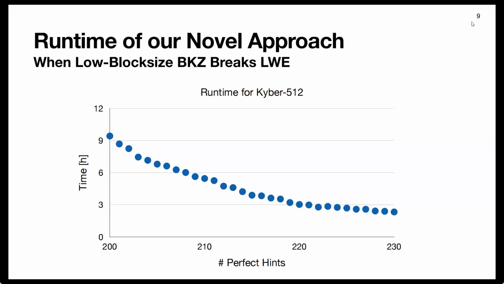For instance, here are some more results for Kyber 512, where we first did the pre-processing, and in a regime where the pre-processing does not find the secret, instead we afterwards still have to run some low block size BKZ after that. And you can see even for only 200 hints, you can still do it in roughly 9 hours.